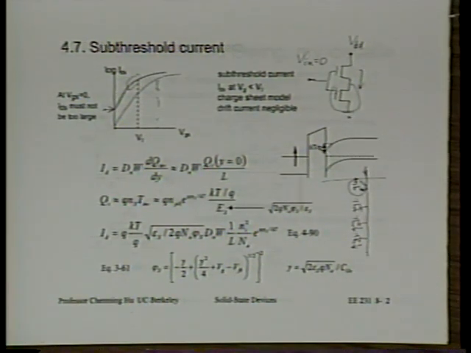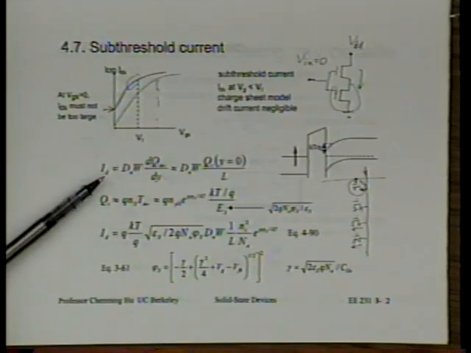The gate can turn this transistor off. If that cannot be done, then we no longer have a transistor, and that's why leakage current is a very important consideration. Right? Okay, so the gate must be able to suppress the drain current and make it very small. So we're concerned about this current.